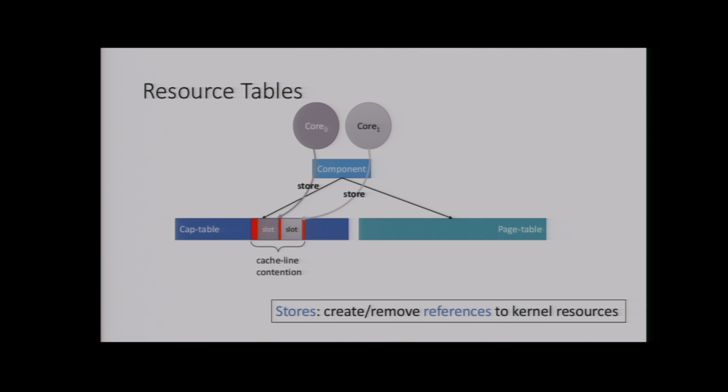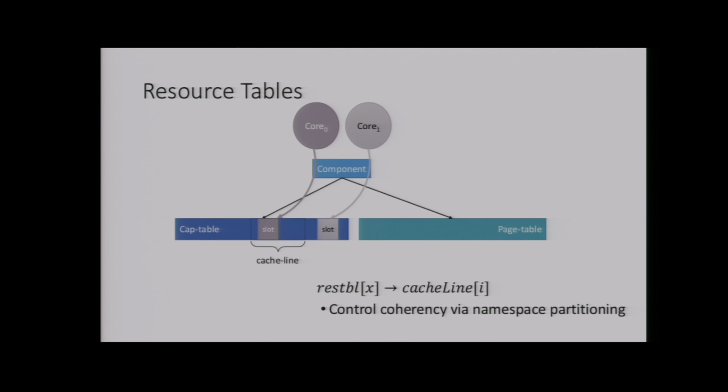So what the system allows you to do is make a very explicit mapping of different indices within resource tables to the cache lines that are backing those descriptors, those indices. So now system software can very intentionally use this explicit mapping between the namespaces that we're using to name all of our resources and the cache lines that actually implement them.